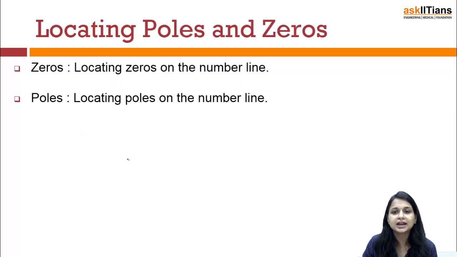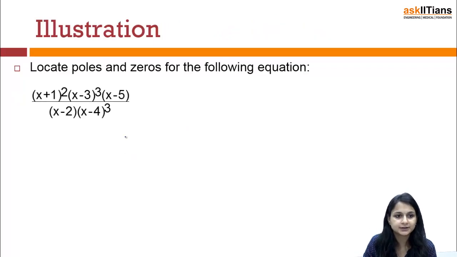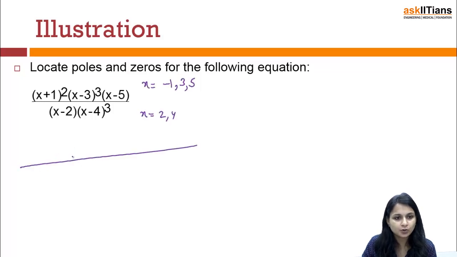Now how do we locate them on the number line? We will take only one number line and locate all the zeros and poles of the rational inequality. So let's see this case. Here I have zeros as x equal to minus 1, 3 and 5 and poles as 2 and 4. So I'll take one number line and represent the poles and zeros.